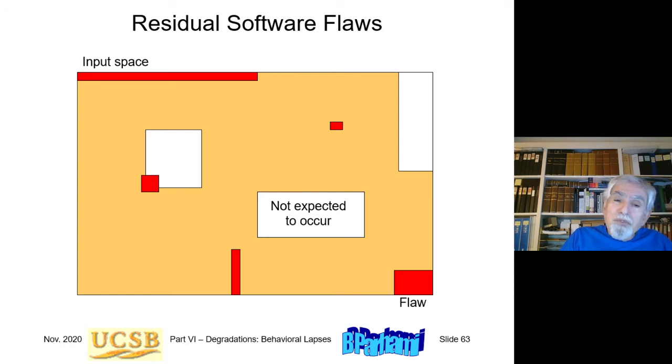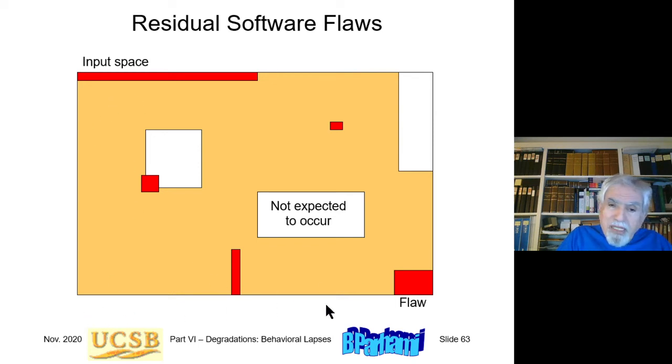Okay, these residual flaws, to give you a visual understanding of why these flaws exist. Let's say I've written a piece of software that has two inputs, X and Y. So this is the space within which the software operates.